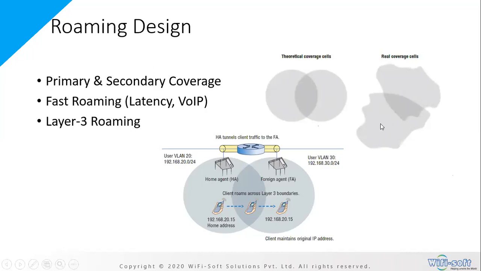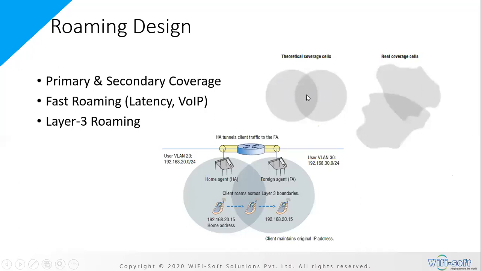And then the primary coverage area for any access point is, let's say you're talking about access points A and B, right? Roaming is basically moving from one access point to another. So in this case, the light gray area on the left-hand side is the primary coverage area of access point A, and the darker area is the secondary coverage area, because there a device is going to get coverage from the neighboring access point as well.